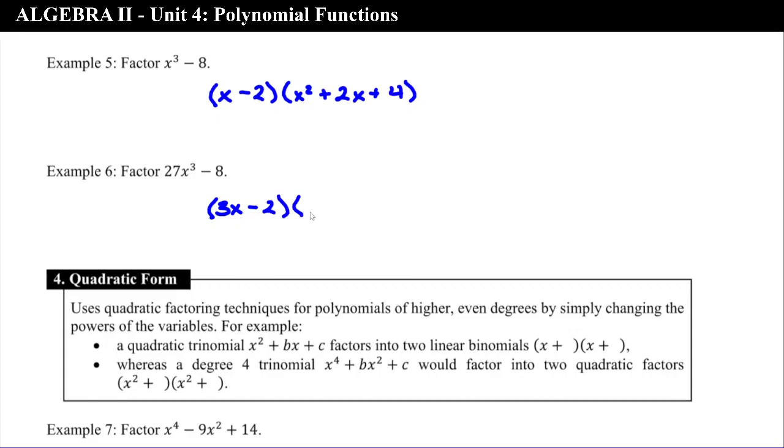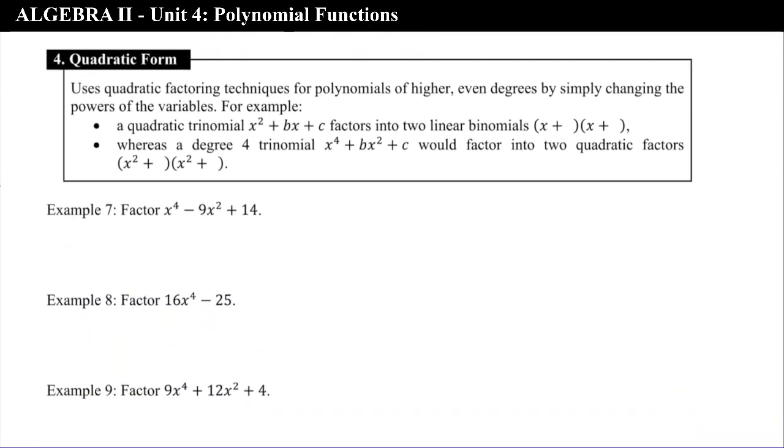And then we do 3x quantity squared, which is 9x squared. Then we do ab, which is 6x. And then we do 2 squared, which is 4. So as long as you can remember the form, sum and difference of cubes really is not that difficult.